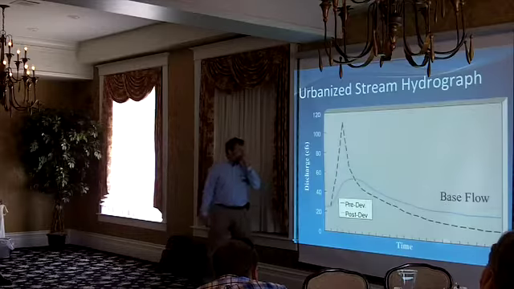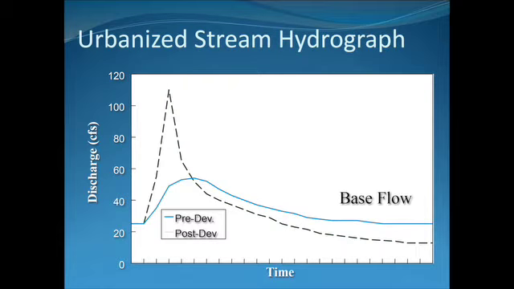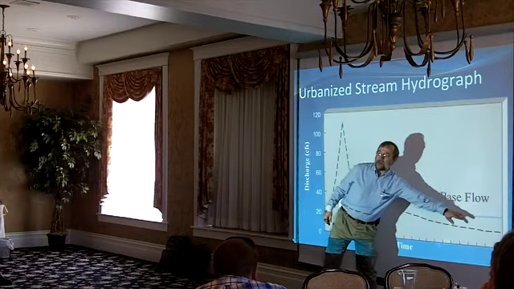The same thing happens in the river then. What you see in the river, and we'll talk about this in even more detail in the hydrology talk, is a quick spike, and for the undeveloped, a very, very gradual flow change over time after an event.